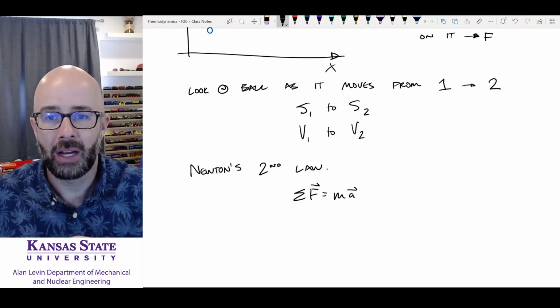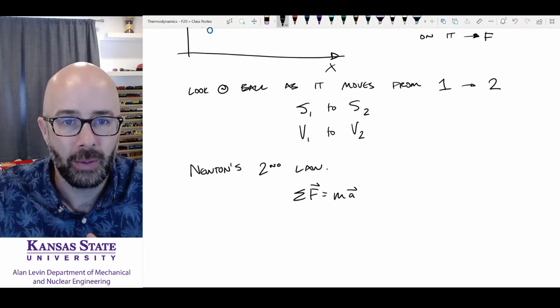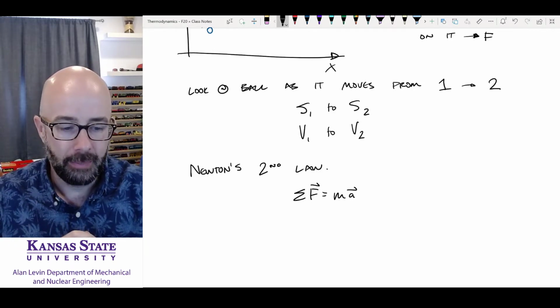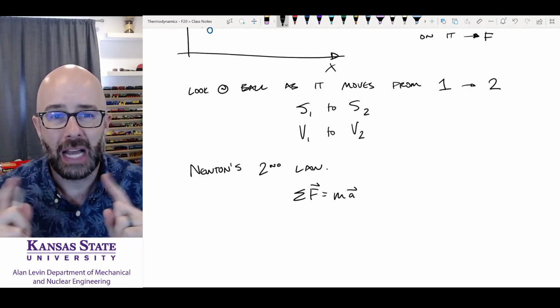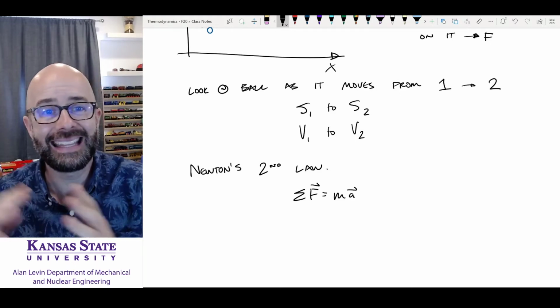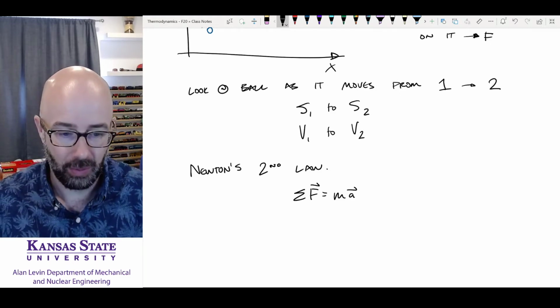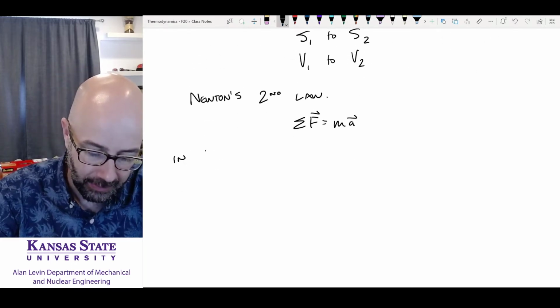I want to look at it only in the S direction, the direction of our movement. Because the other direction isn't going to help us much, because remember, we're talking about work. Work is force times distance. It's the force in the direction of our distance that we want to work with. So let's look at that in the S direction, or the tangential direction.